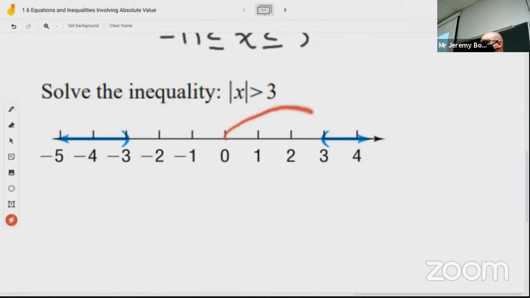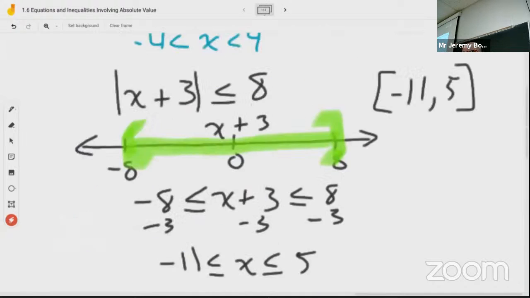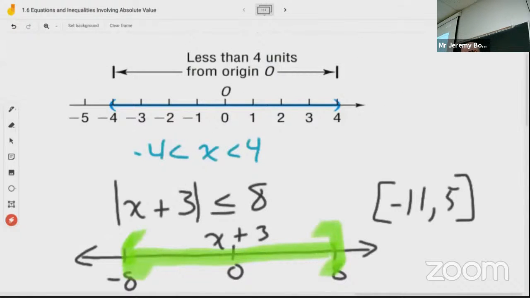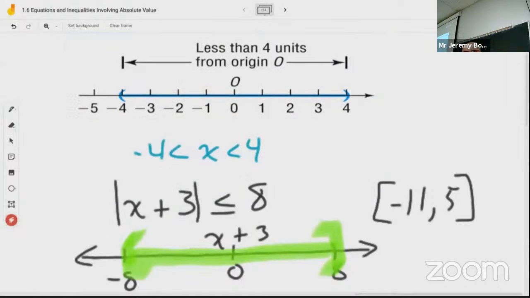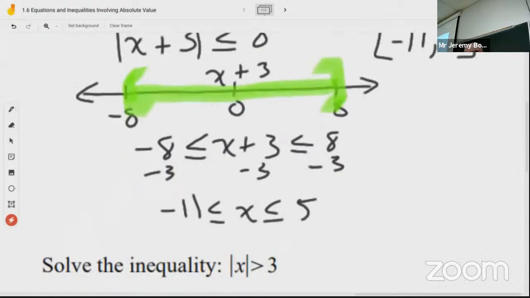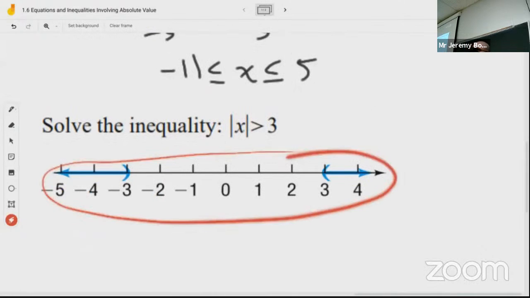So you're jumping further than 3 in this direction, so it's all of these numbers, or you can jump in this direction. So the big thing is, what's the difference between that number line and this number line?